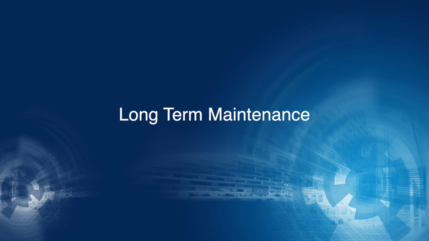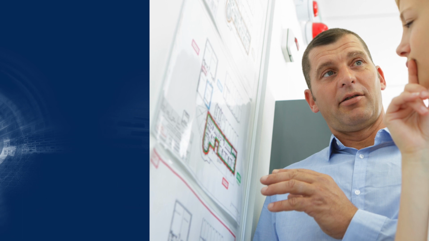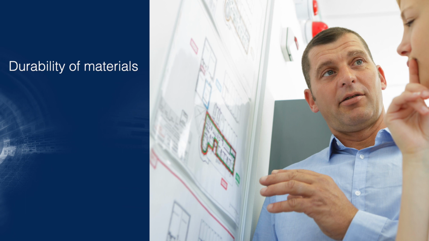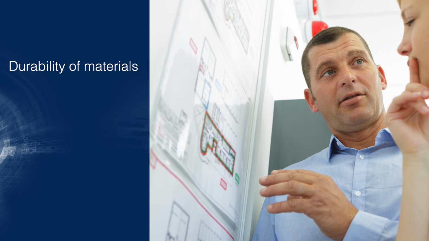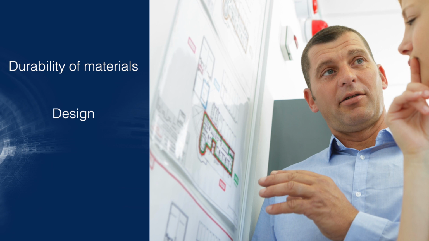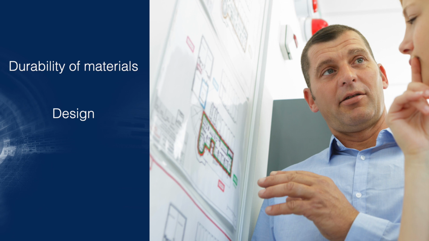When selecting industrial doors and shutters with a focus on long-term maintenance, several key factors should be carefully considered. Durability of materials, including assessing the need for corrosion-resistant options. Designs that allow for straightforward maintenance procedures, such as lubrication or component replacement.